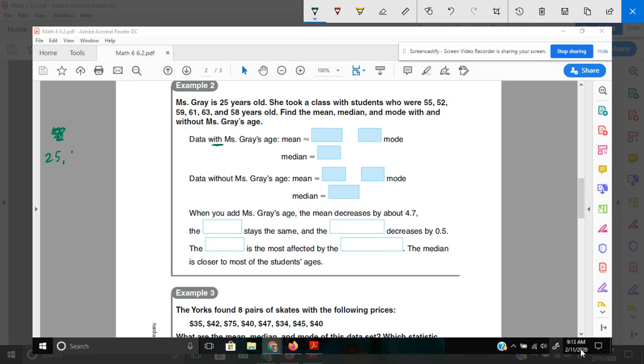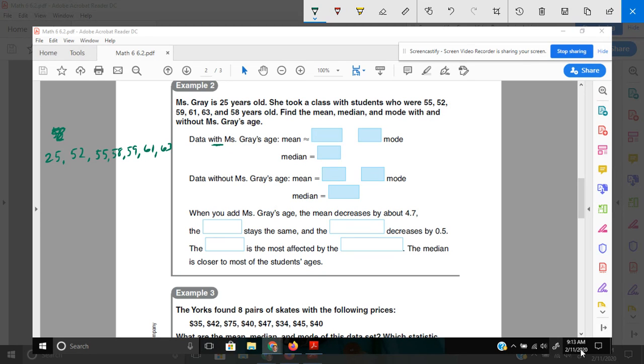25, 52 would be the next. 55 is next oldest. 58, 59, 61, and 63. Let's just double check. I have 1, 2, 3, 4, 5, 6, 7 different ages. Perfect. So I'll add up my numbers here.